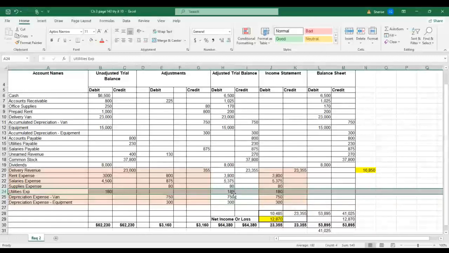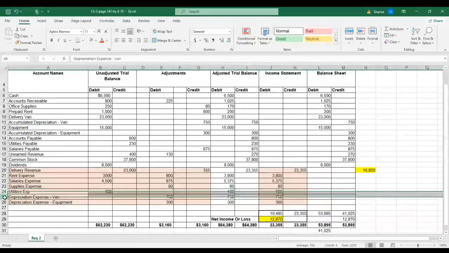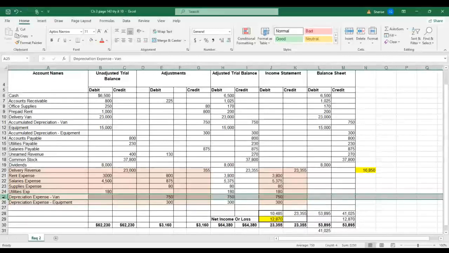We had no adjustments, so it remains $180. Depreciation expense on the van. So depreciation expense, we started with none for both items, but then we did have some adjustments. So for the van, we had a $750 depreciation expense adjustment debit. So we're going to bring that over in the debit column for adjusted trial balance. Same thing with the depreciation expense for equipment, bring that over.